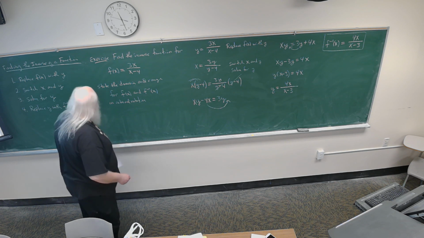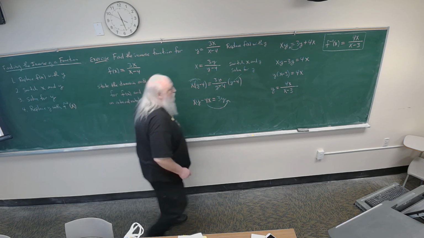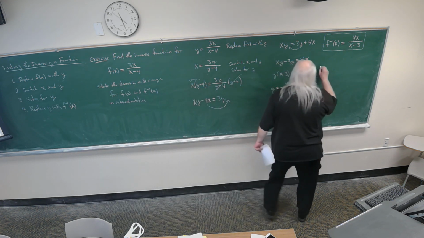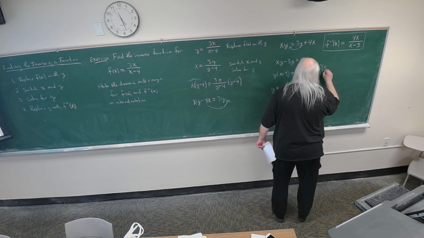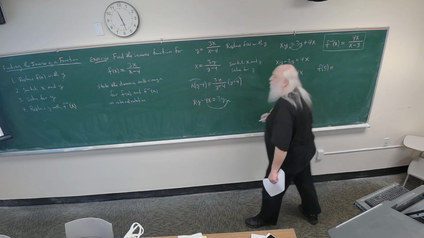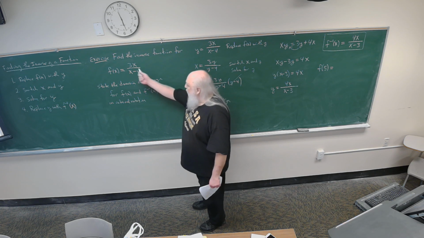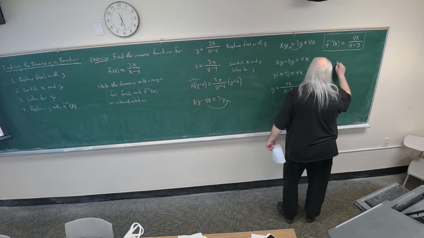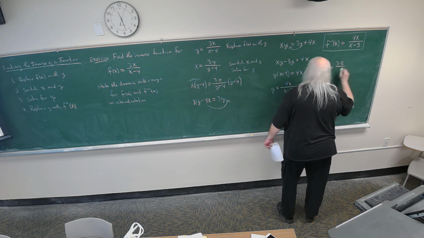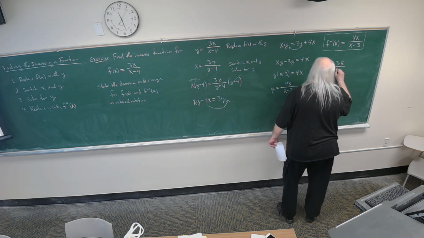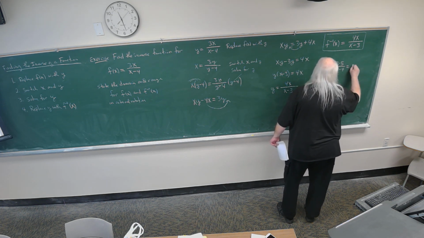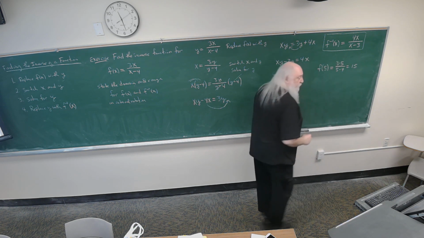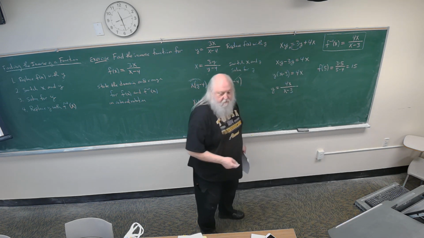So f of 5, I'll put 5 in for x. I have 3 times 5 over 5 minus 4, which is equal to 15, right? So f of 5 is equal to 15.